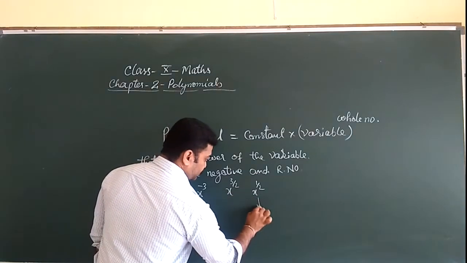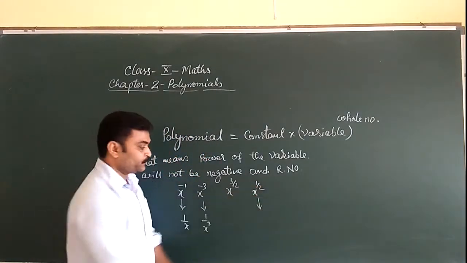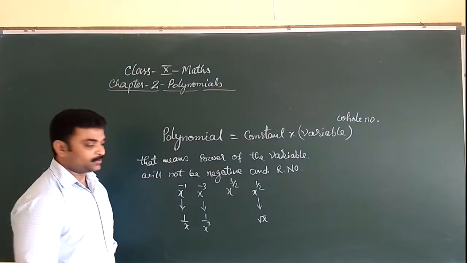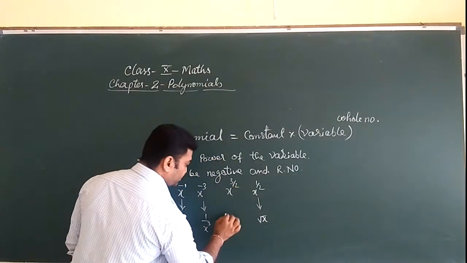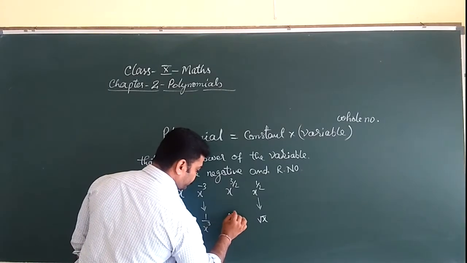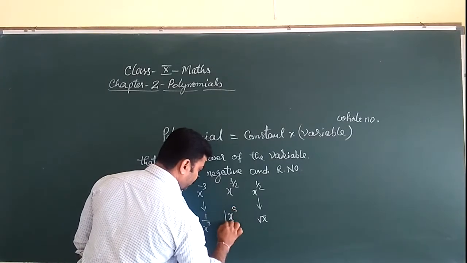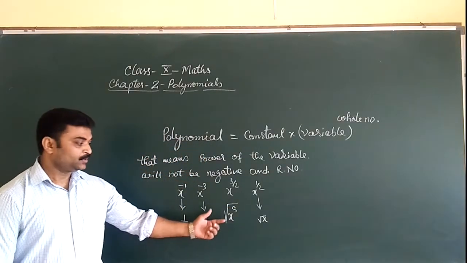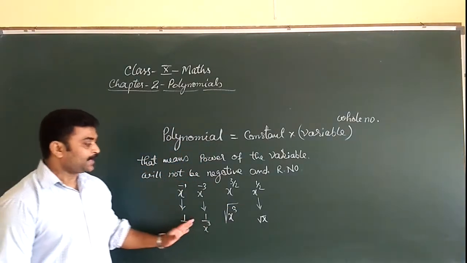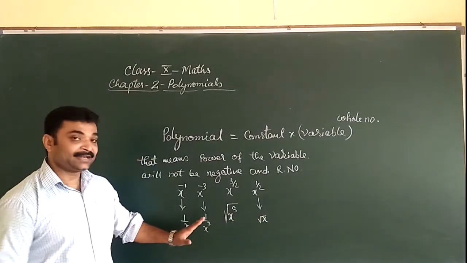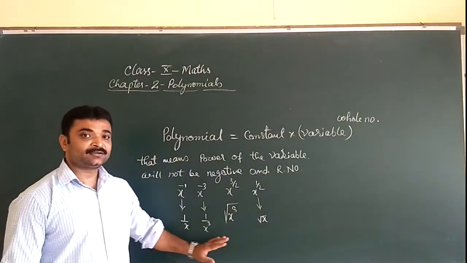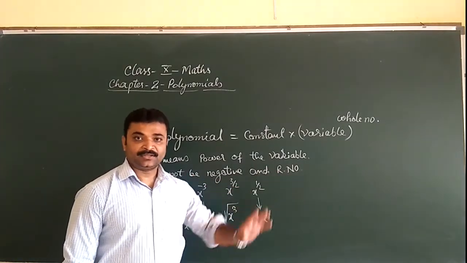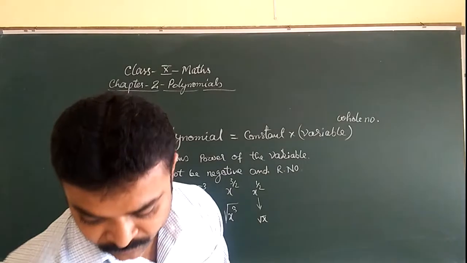Here x to the power 1 by 2 means root over x. x to the power 3 by 2 means x cube whole to the power square root. So the variable can be x, y, z, but the power will not be negative or a rational number. Clear?